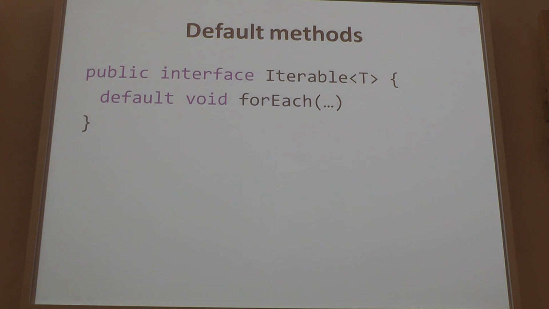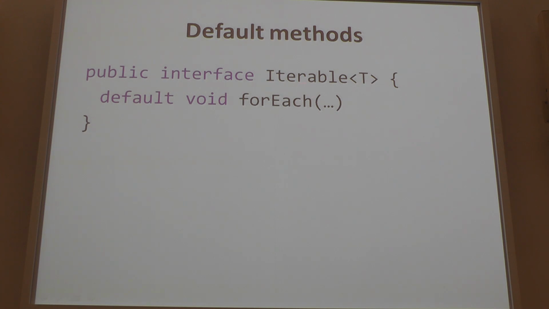And here is the example from Iterable, the forEach method. java.lang.Iterable is an interface that was added, I think, in Java 5 to facilitate the for-each statement in Java, and it had only one method, iterator.